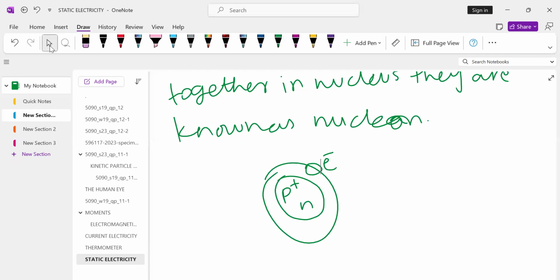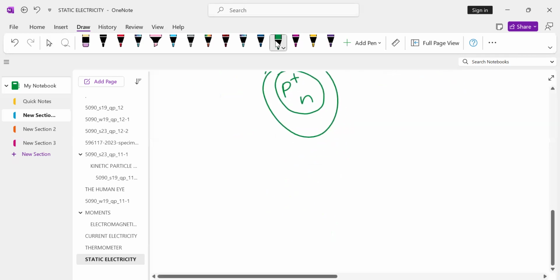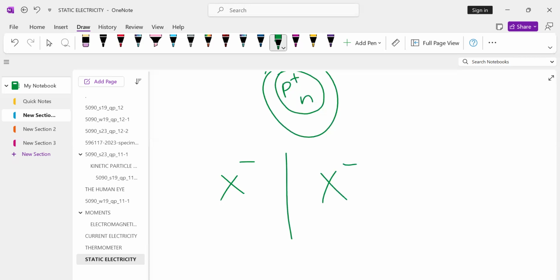Before this, you should know that when an atom gains an electron, for example any atom X gains electron, it has a negative charge, and when any atom loses electron, it has a positive charge. Positive in case of losing electron and negative in case of gaining electron. Then let's move towards the second topic.